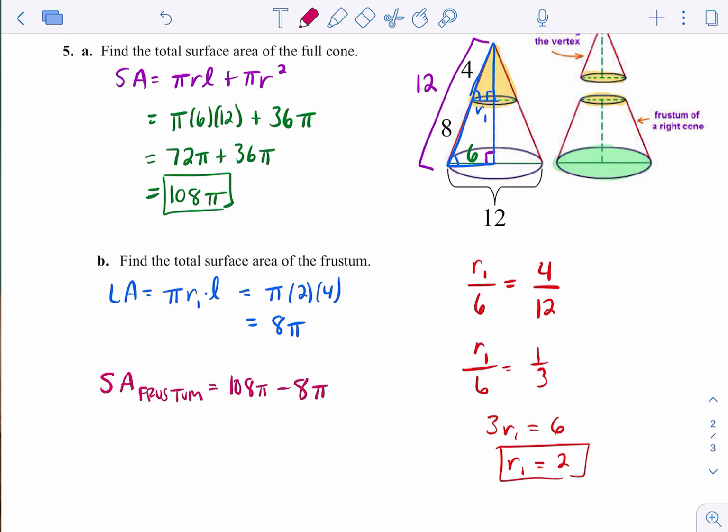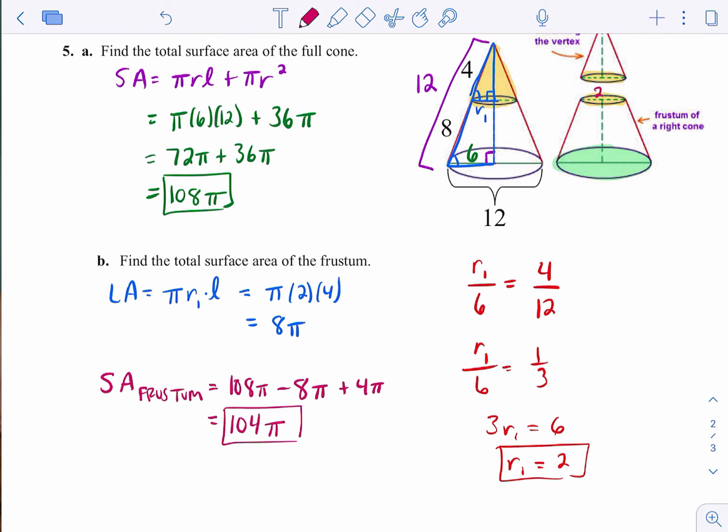It was on the inside, it was never included. But now that we've removed it, we do want to include it. And so this is a circle of radius 2. So it has an area of 4 pi. So then now we're going to add back in 4 pi. And that gives us a total surface area of 104 pi.